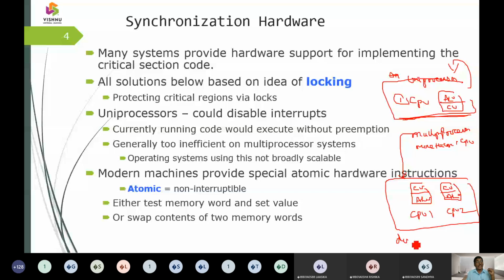So where does this synchronization mechanism happen? In a uniprocessor, there is no need for a synchronization mechanism. Synchronization mechanism should happen only in multiprocessor systems.